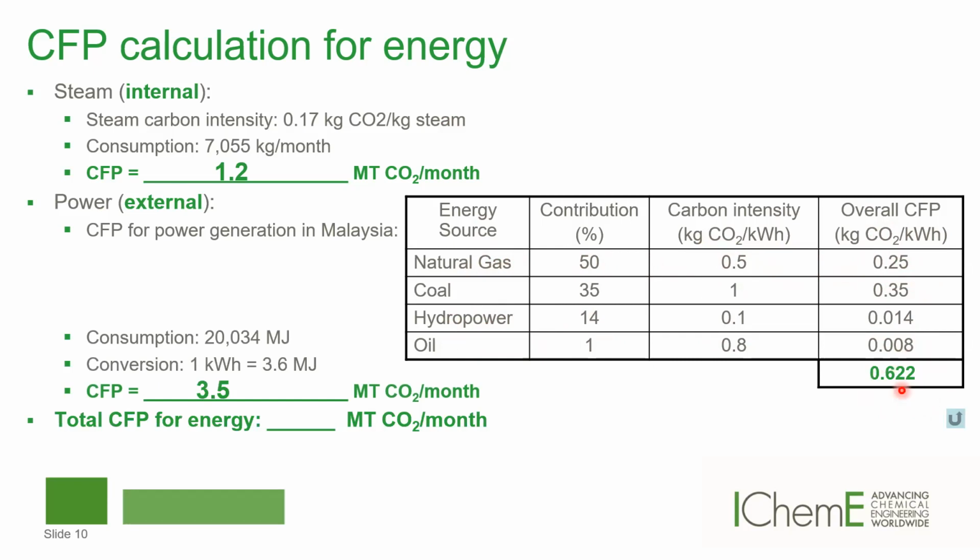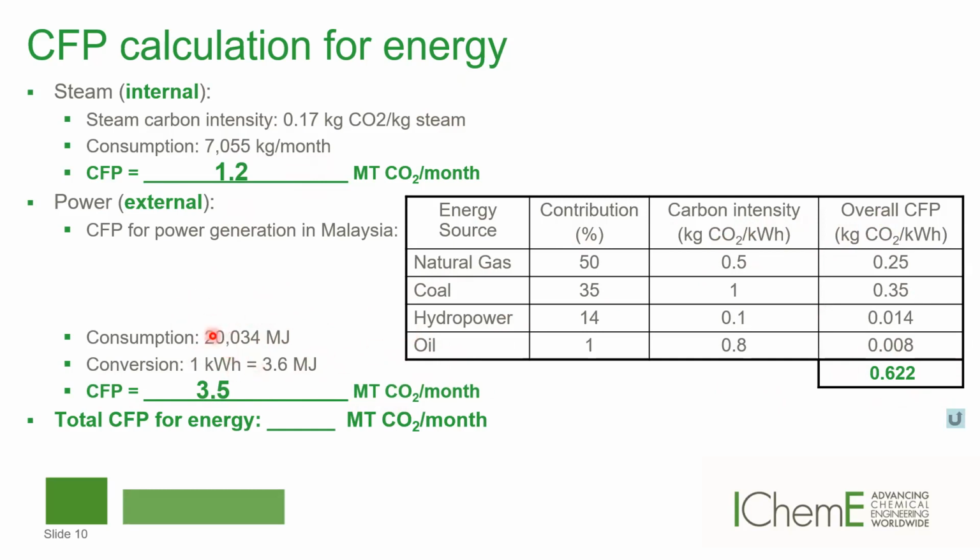We need that because if we're given the power consumption or electricity consumption of the production plant, the given value is in terms of energy or kilowatt hour. So multiply with this overall carbon footprint index, you will get the carbon footprint of the electricity per month. Okay? Nakuha ba?